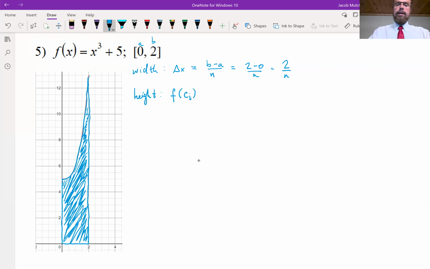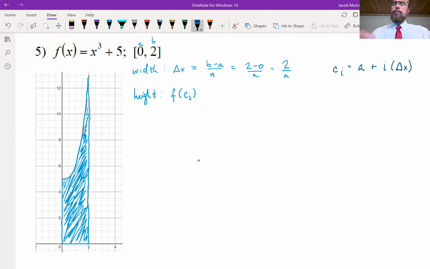Now c sub i we haven't defined yet, but let's do so using our width expression. So c sub i is taking the a value and adding to it the index i times delta x.